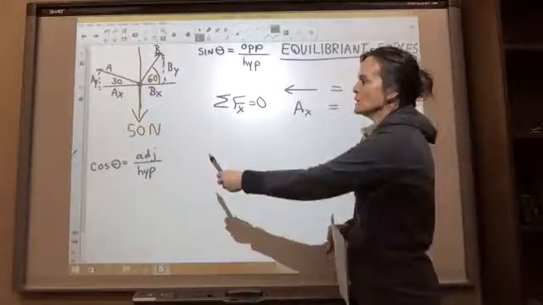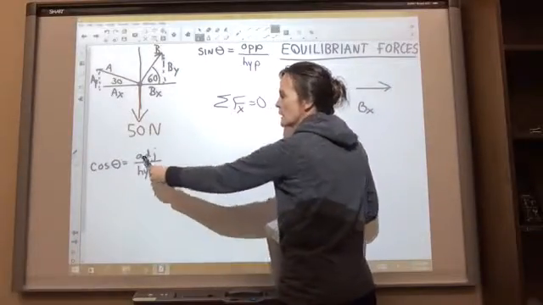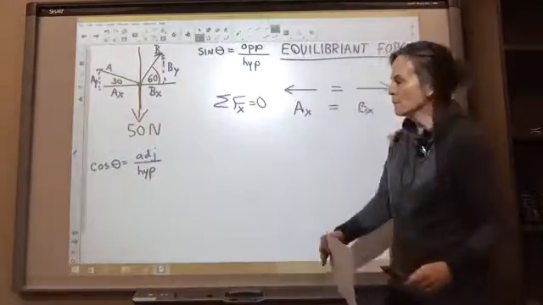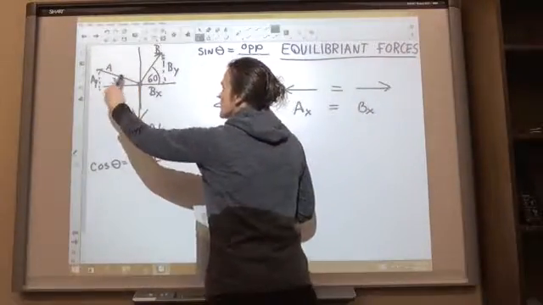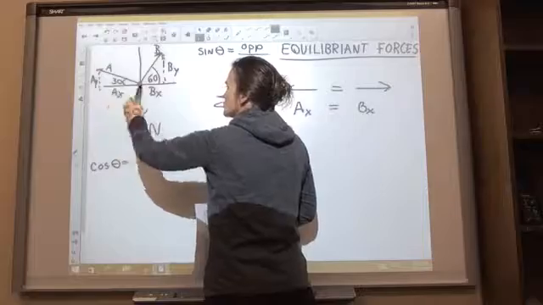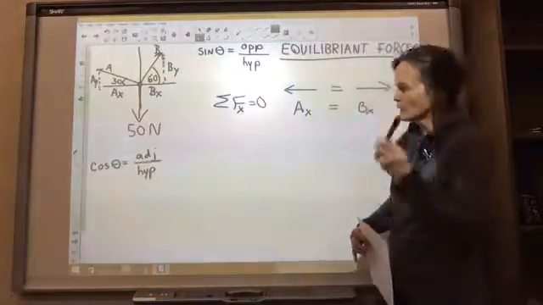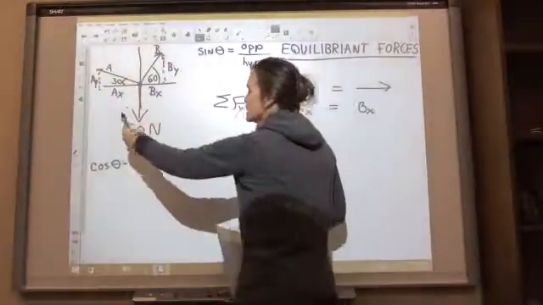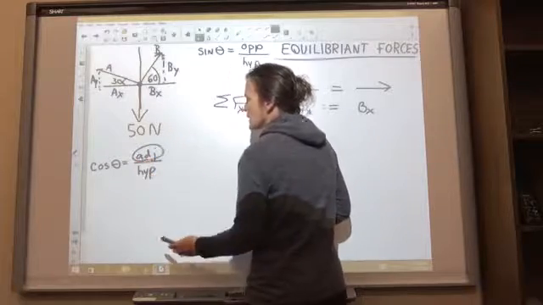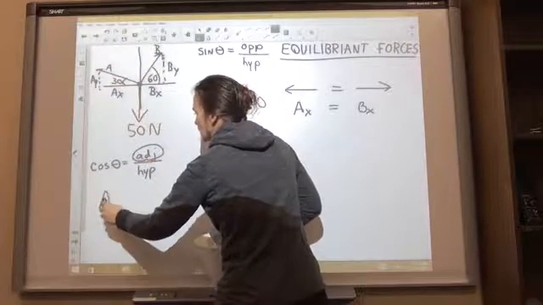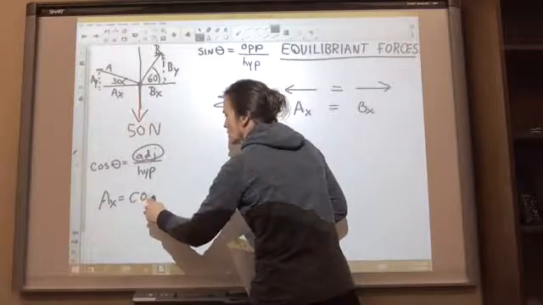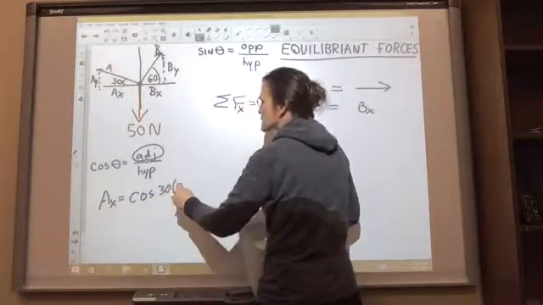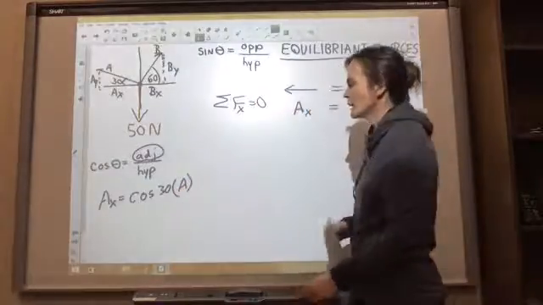So what is this A sub x portion of vector A? We'll have to use cosine theta equals the adjacent side over the hypotenuse, because A sub x is adjacent to this angle 30. It's the one that's right next to it. If we solve for the adjacent side here, we could say that A sub x is equal to cosine of 30 times A, whatever A is.